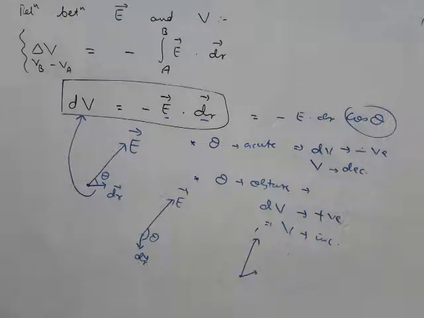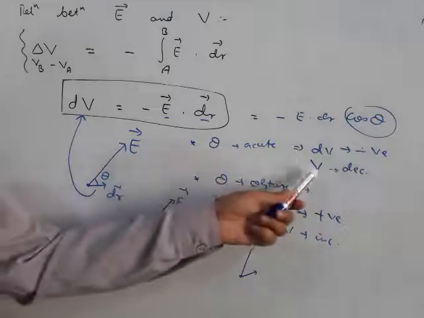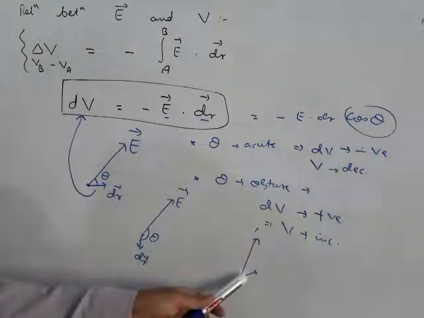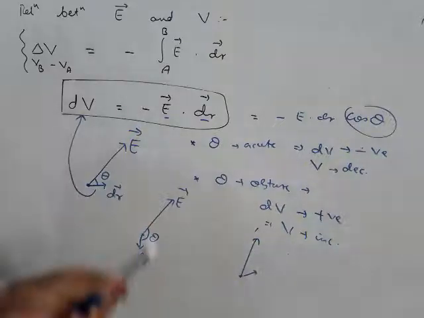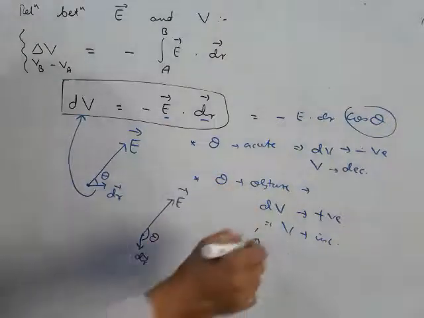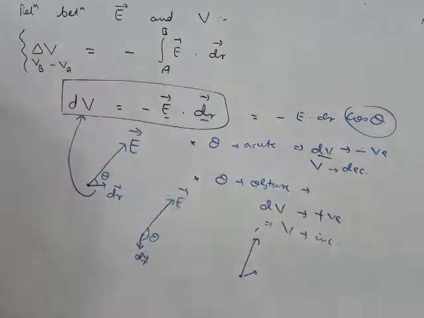Is it clear, students? Let's go one step further. Potential will decrease if you move in a direction that makes acute angle with electric field. If I ask, in what direction should you move so that this decrease in potential is maximum?